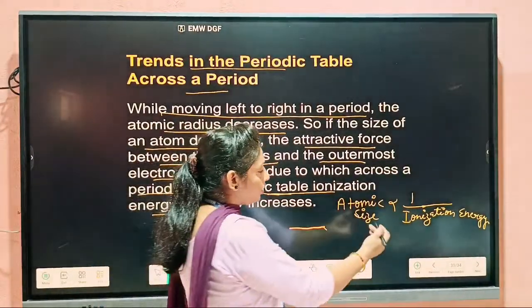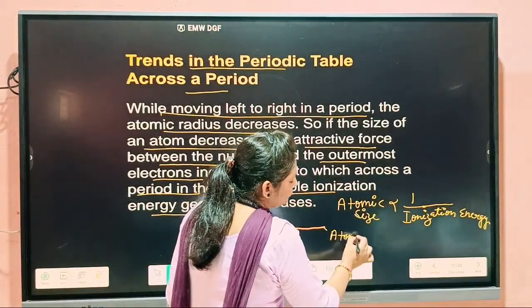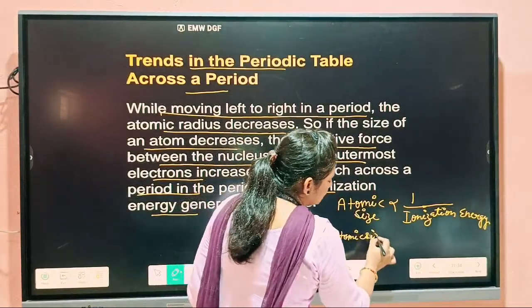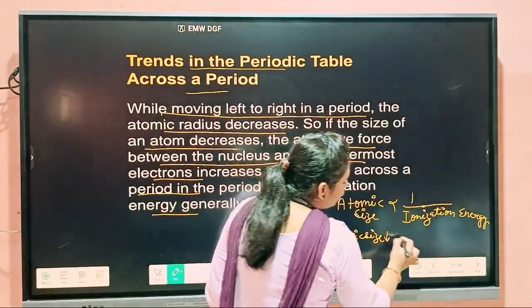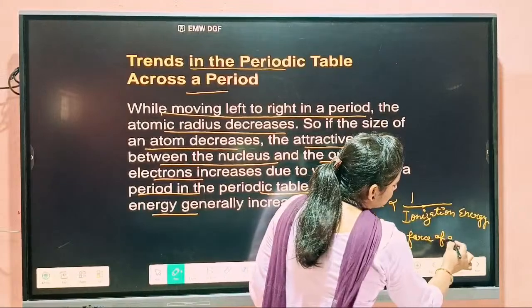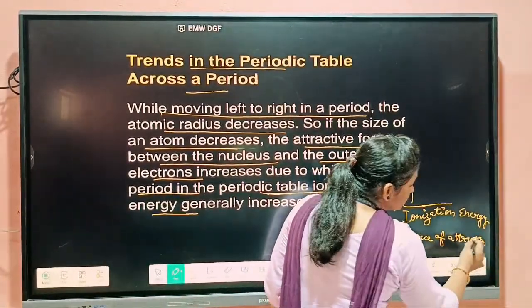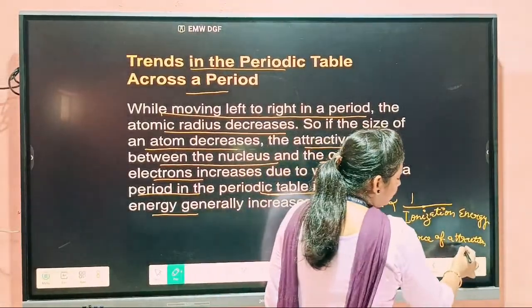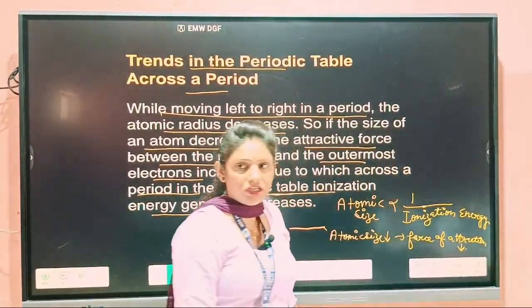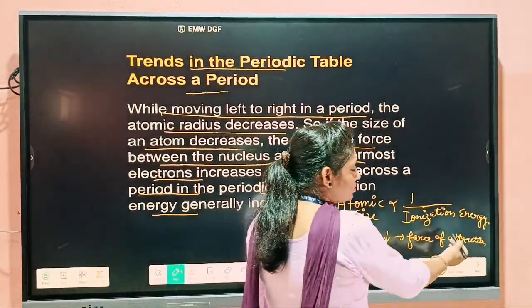They are reciprocal. Why? Because if atomic size decreases, it means force of attraction is going to increase, because if size decreases, particles are coming closer to each other. If particles are closer to each other, their attraction is high.